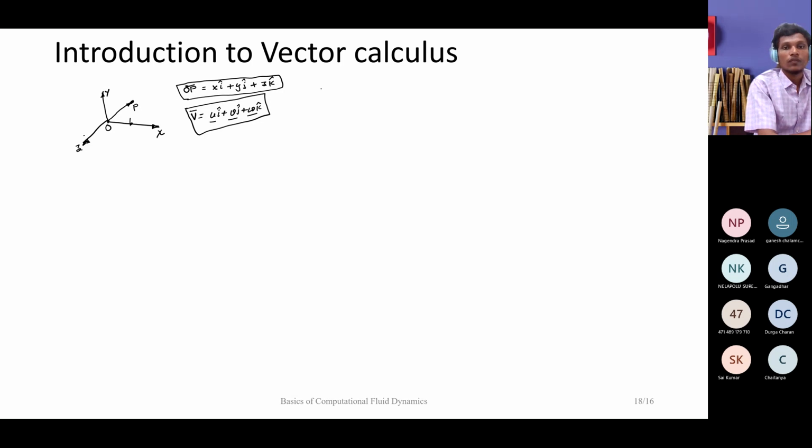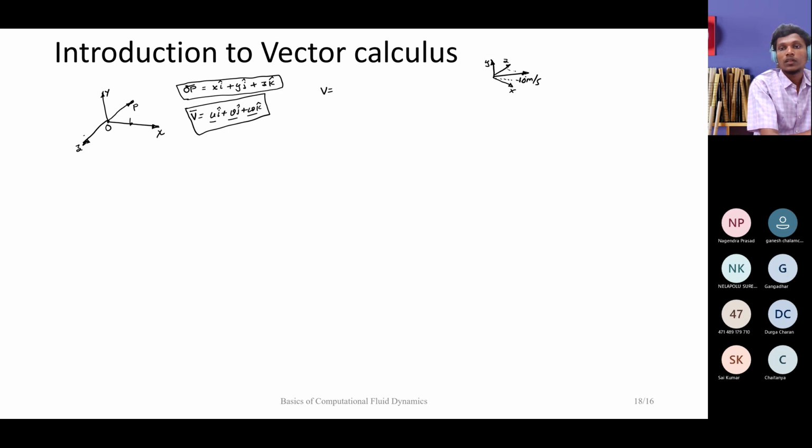Suppose the complete magnitude of the velocity is 10 meters per second, moving in three dimensions, with some component in the x direction, some in the y direction, and some in the z direction. You can see the projections of this.